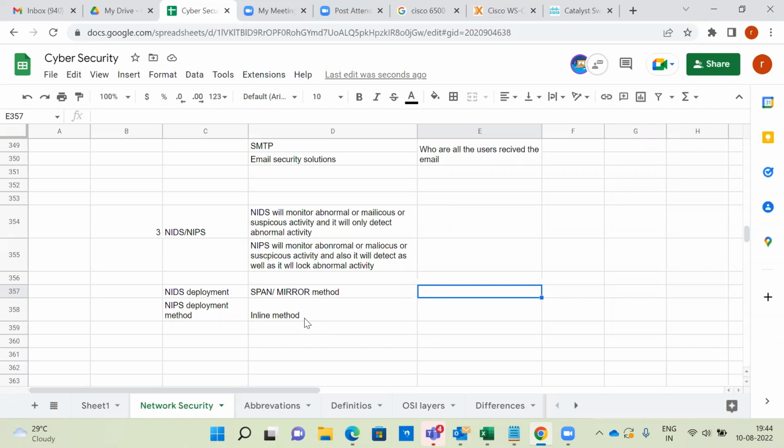Also, in organizations there are scenarios where we only have to monitor the traffic and there is no need to block, for example non-critical applications or non-critical servers. That's why at the organization level we use a combination of both, NIDS as well as NIPS.